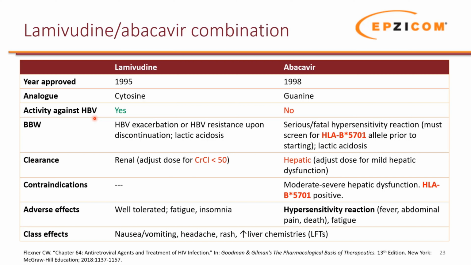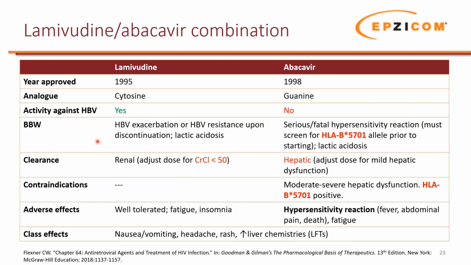Now, all of these drugs in this class of NRTIs or nukes, because they actually are analogs of nucleic acids, that means that any RNA or DNA transcriptase or polymerase can actually use them. So especially with the older NRTIs that we no longer use, they had an affinity for human mitochondrial DNA.